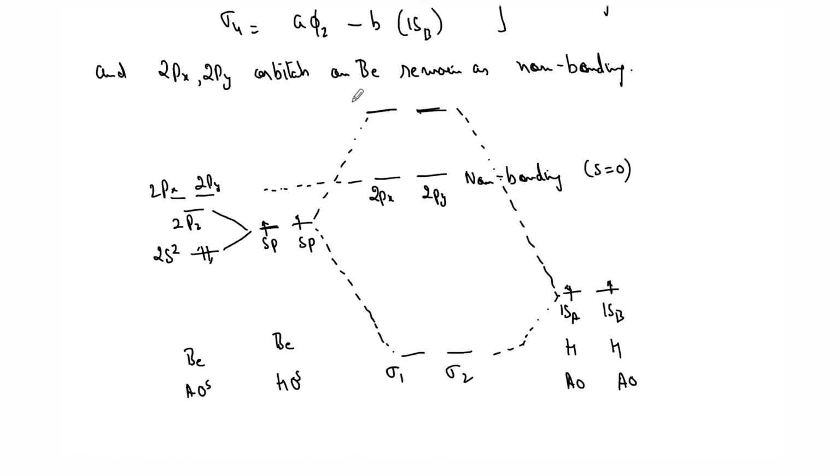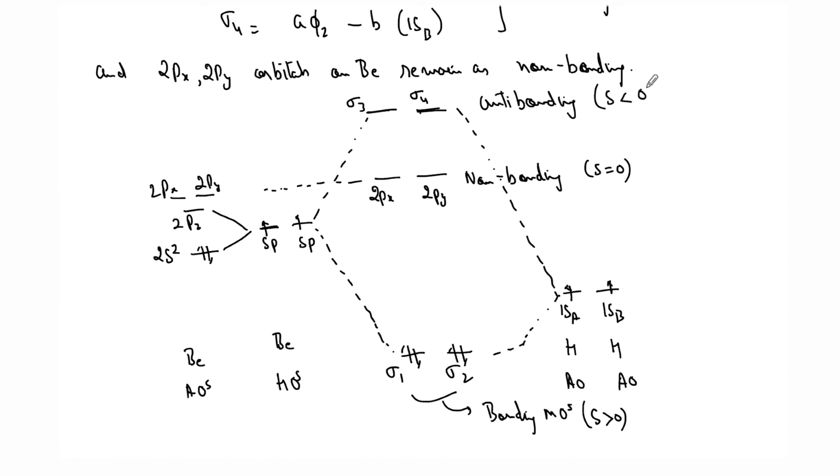Also, in this particular case, let me finish this first. So you have 4 electrons over here, so 4 will fill these two bondings. So these are bonding orbitals, bonding molecular orbitals, but localized. So S is greater than 0, and these are anti-bonding, S is negative. Okay. All right.